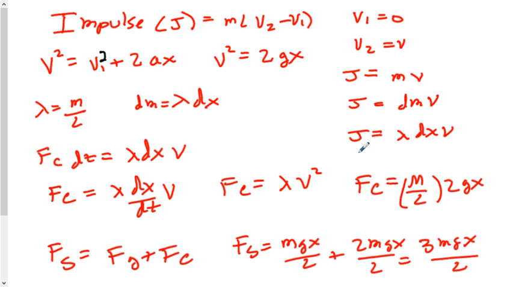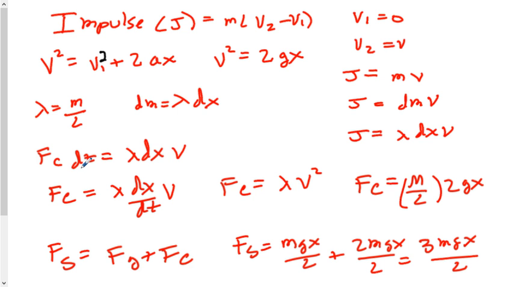Remember, dm is equal to lambda dx, so J is equal to lambda dx times v. But what is impulse equal to? Impulse also equals force times time. In this case, force times dt, because time is a differential as well. So we have force dt equals lambda dx times v.